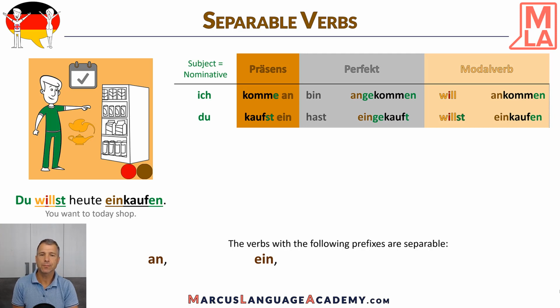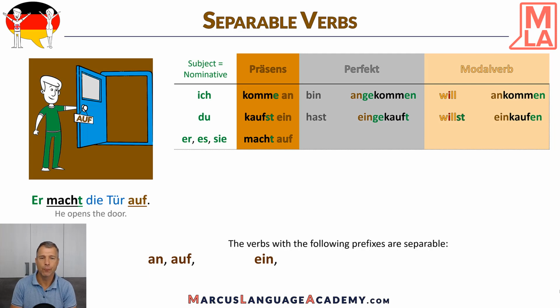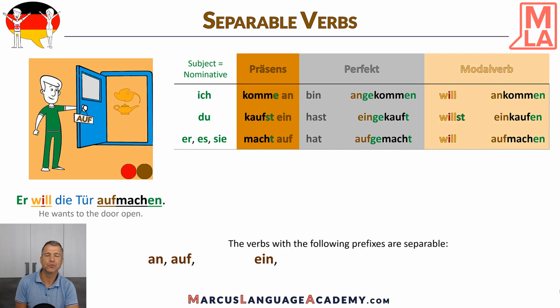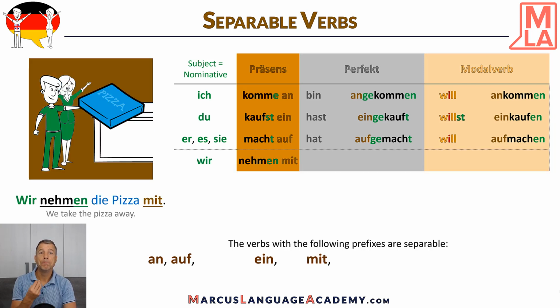Let's see another prefix, like aufmachen. Aufmachen means to open. Er macht auf. Er macht die Tür auf. In perfect, er hat die Tür aufgemacht. Aufgemacht. And with the modal verb, er will die Tür aufmachen. Then mitnehmen, to take something away.